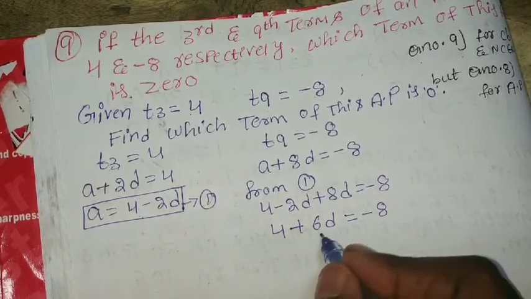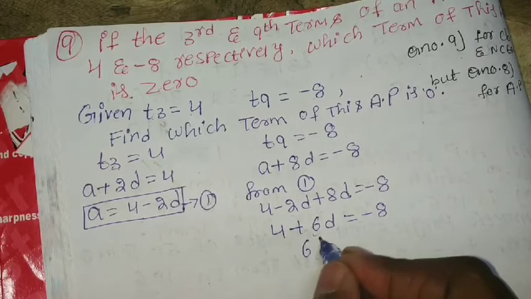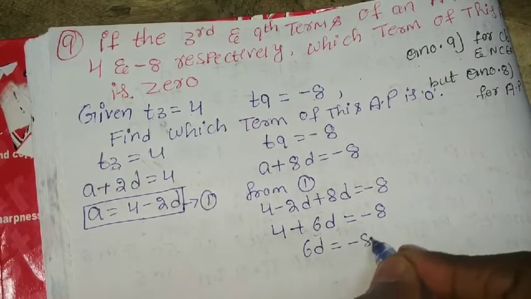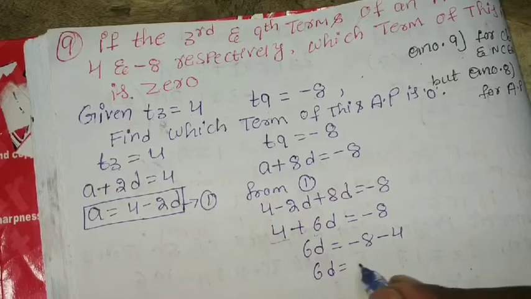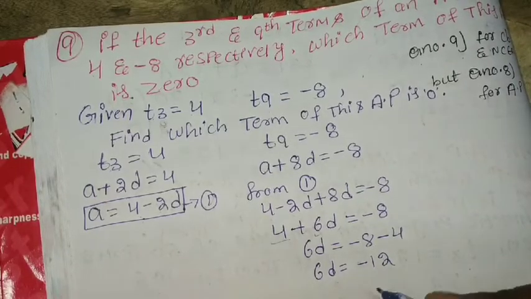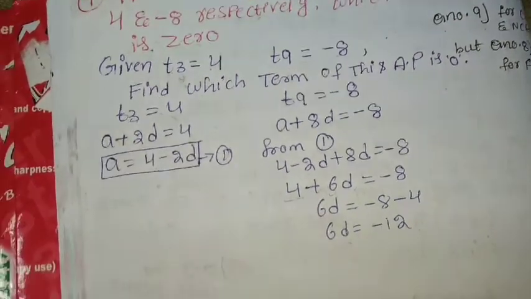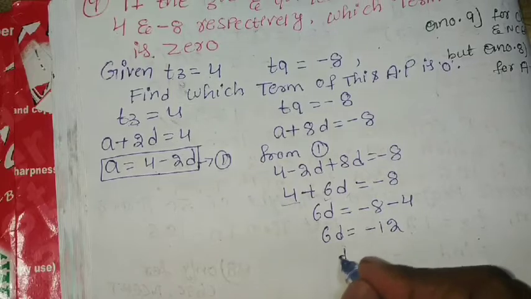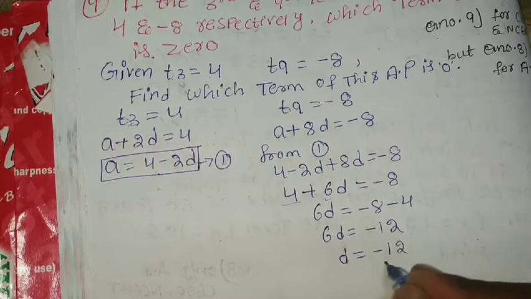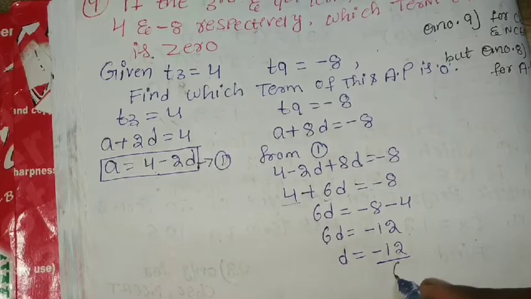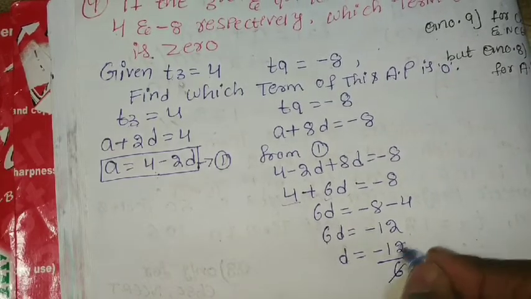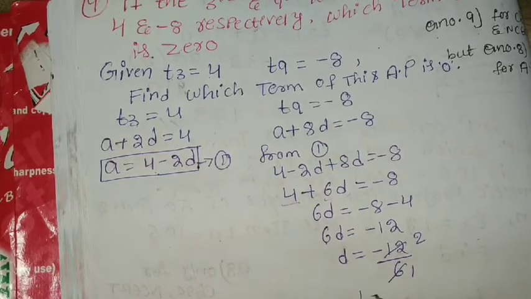Next, we need to get one side, that is 6D is equal to minus 8 minus 4, which will become minus 12. So 6D is equal to minus 12, divided by 6. 6 ones are 6, 6 twos are 12. D is equal to minus 2.